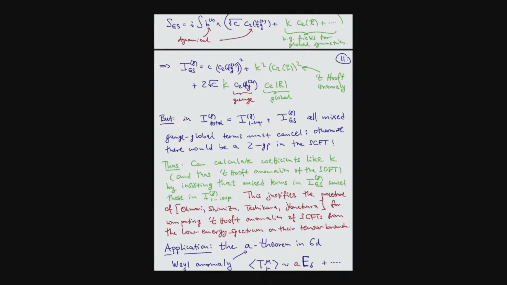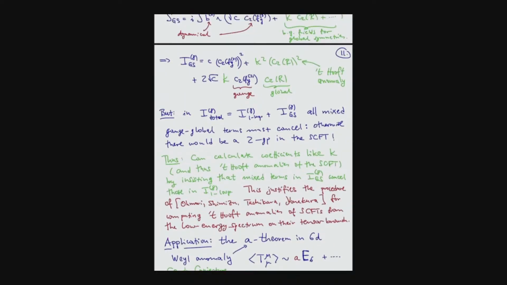Good. So this procedure for calculating these kinds of anomaly coefficients like K was proposed a while ago in a paper by these authors. And it was clearly correct, but it was very mysterious. And here you see that the justification involves a somewhat non-trivial argument going by the route of two-group symmetry and its absence.